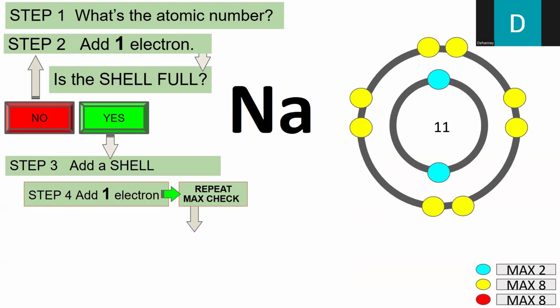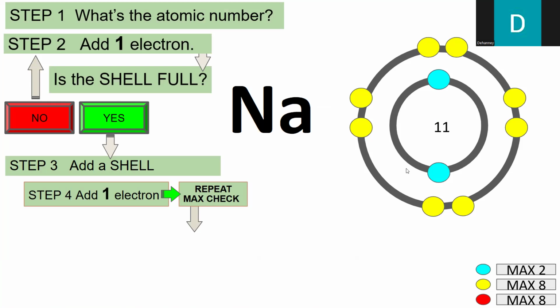So you've added 1 electron, you just keep going, and then you keep repeating, and then you check for the max. Keep checking for the max. There we have the max. So here we have 1, 2, 3, 4, 5, 6, 7, 8, 9, 10.